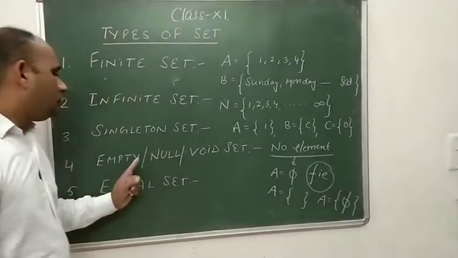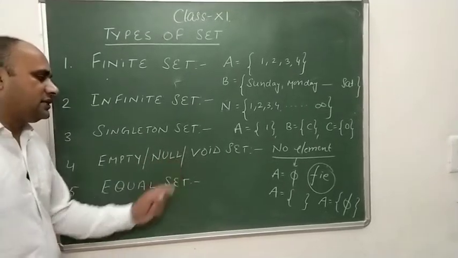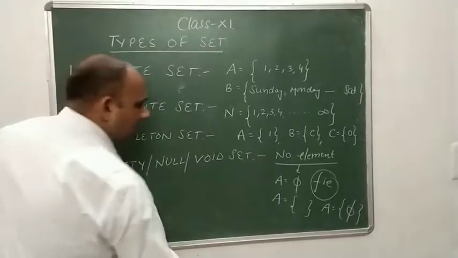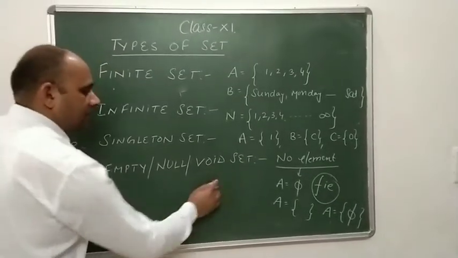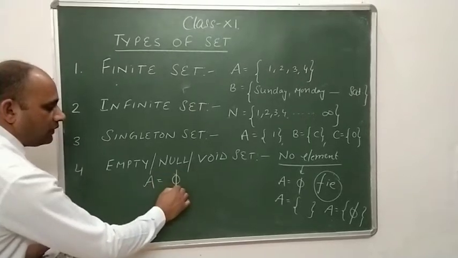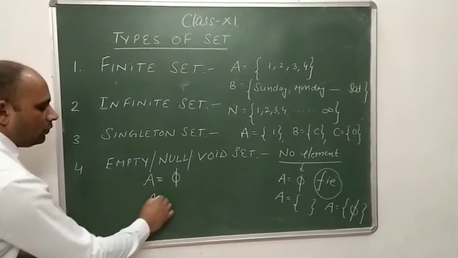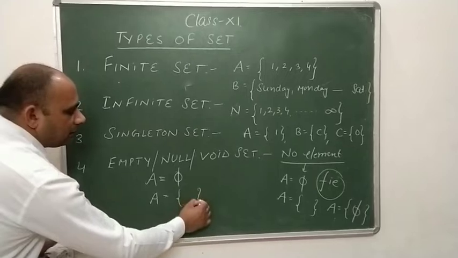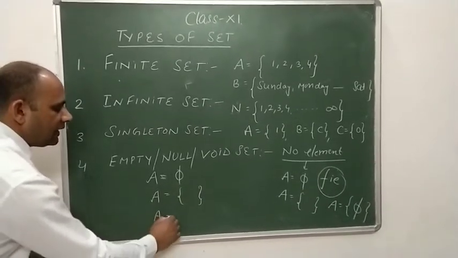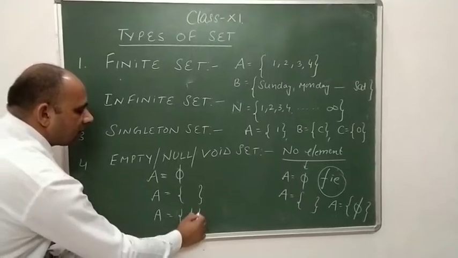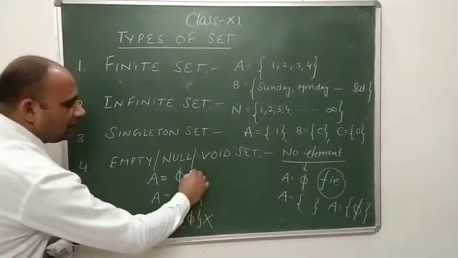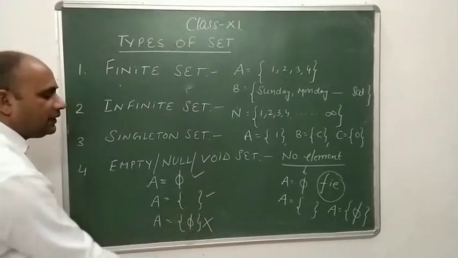So for empty set, null set and void set, you will write only either A is equal to phi or curly brackets but no phi. If you will write phi here, it means one element, so we will take only phi or only with curly bracket.